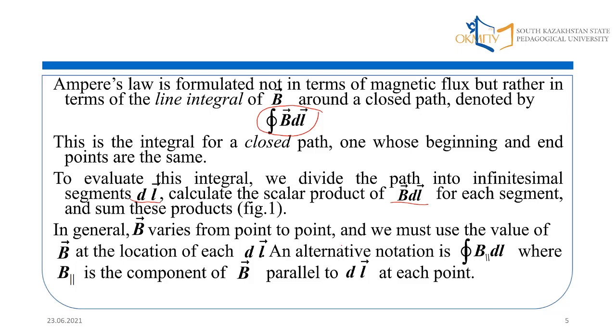An alternative notation for this is the closed line integral over a closed path, where B parallel is the component of the magnetic field parallel to the path element dl at each point.